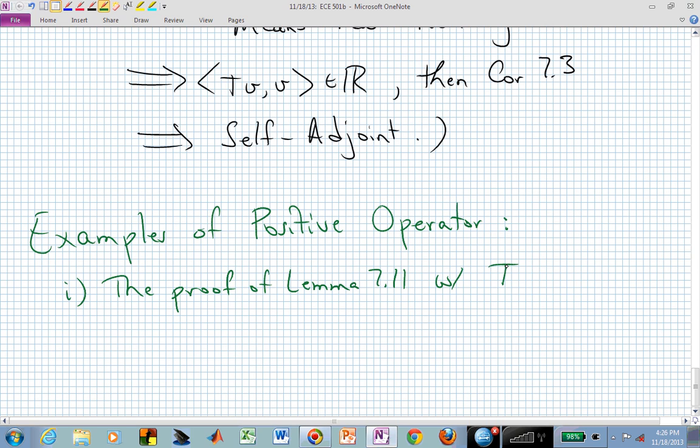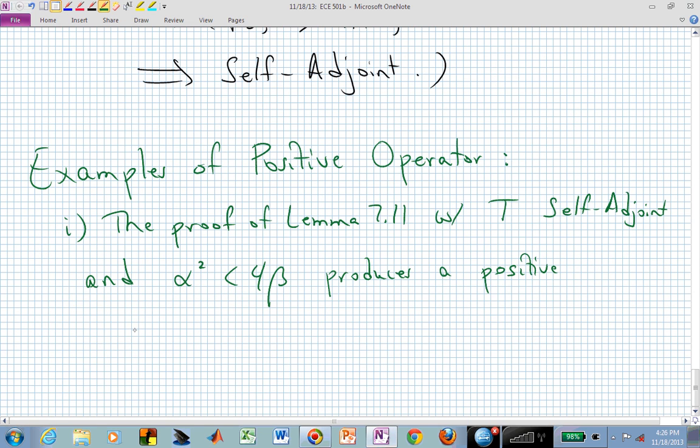The proof of lemma 7.11, with T self-adjoint and alpha squared less than 4 beta, produces a positive operator T squared plus alpha T plus beta I. That operator was positive.